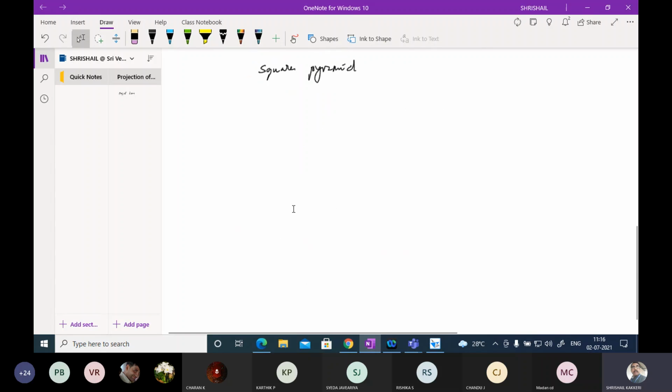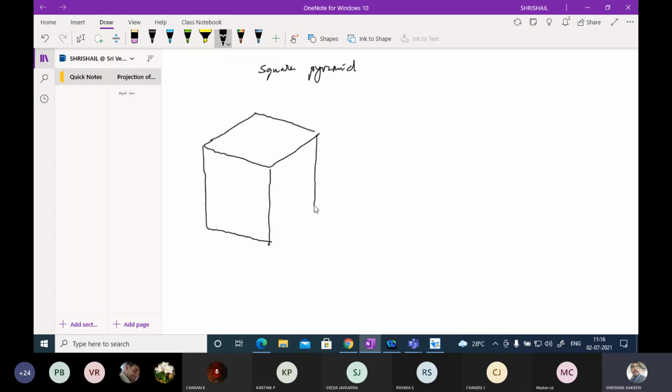Okay, now let me take the square prism. The square prism will be like this. Just visualize that I am writing it for you. All of you kindly give attention and see this. All these problems are very important.